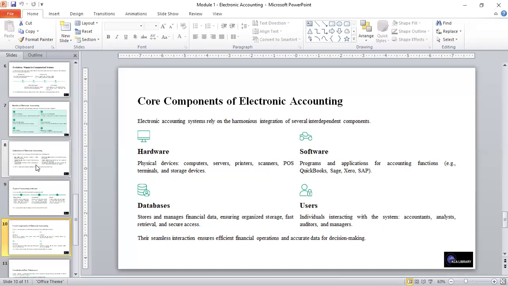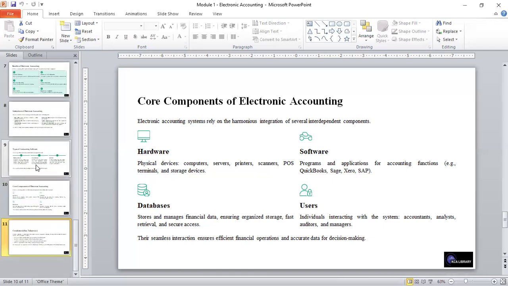And the last is the user. These are the individuals interacting with the system, such as accountants, analysts, auditors, and managers. Their seamless interaction ensures efficient financial operation and accurate data for decision making.